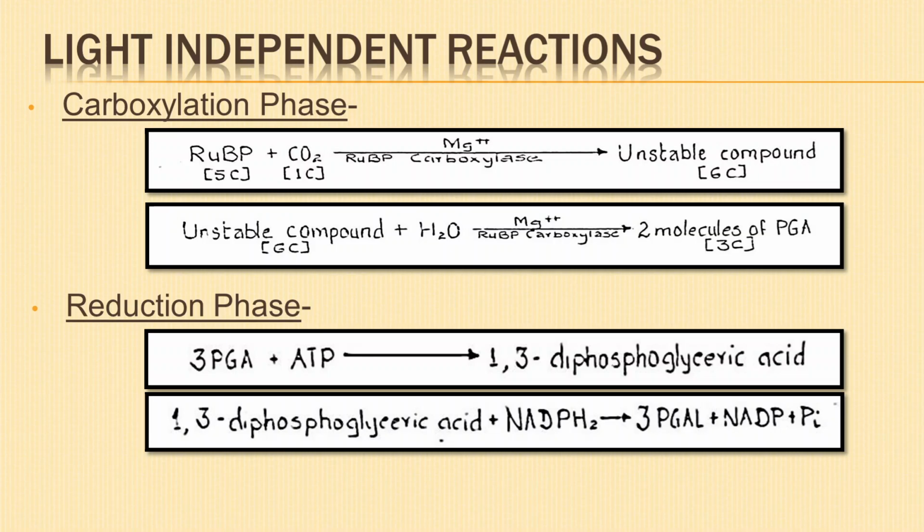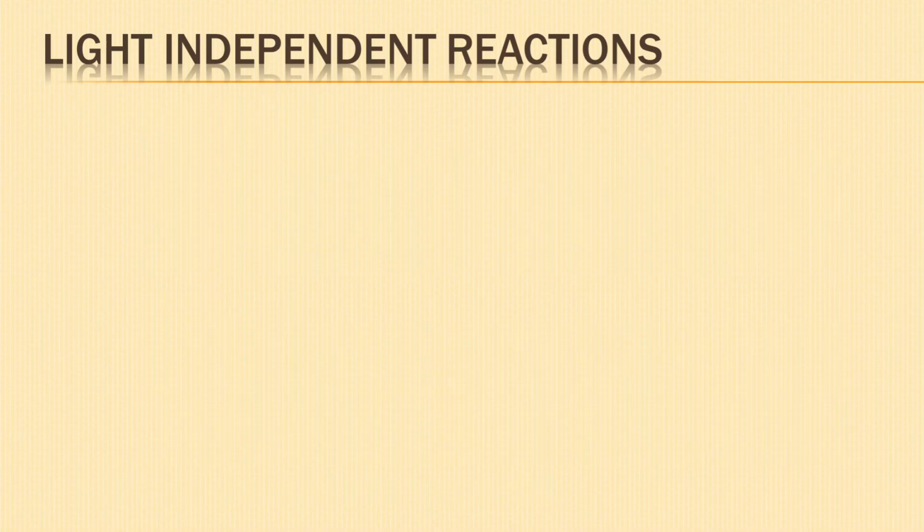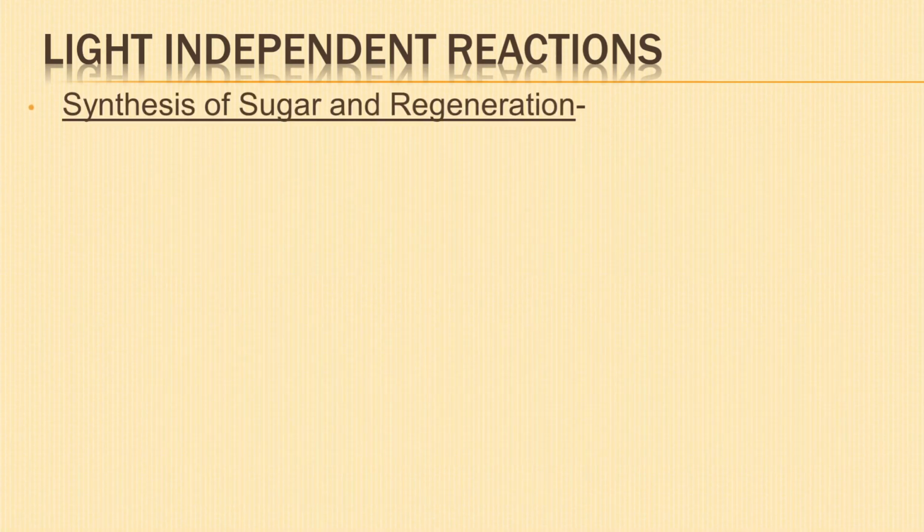In the presence of enzyme triose phosphate isomerase, some molecules of 3-PGAL are converted into its isomer dihydroxyacetone phosphate DHAP.